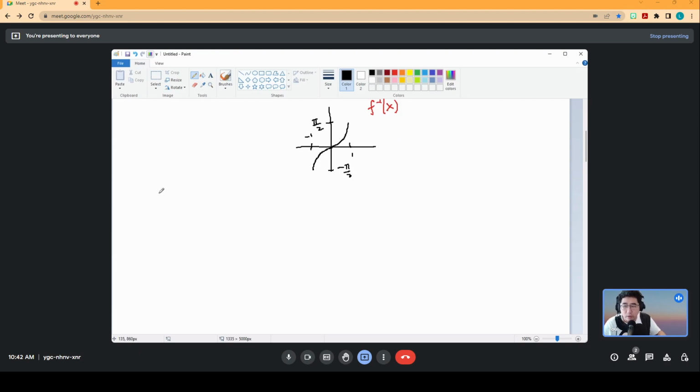So what about from the cos graph? For the cos graph, we have this shape. From here we have the secant graph, which looks like this.